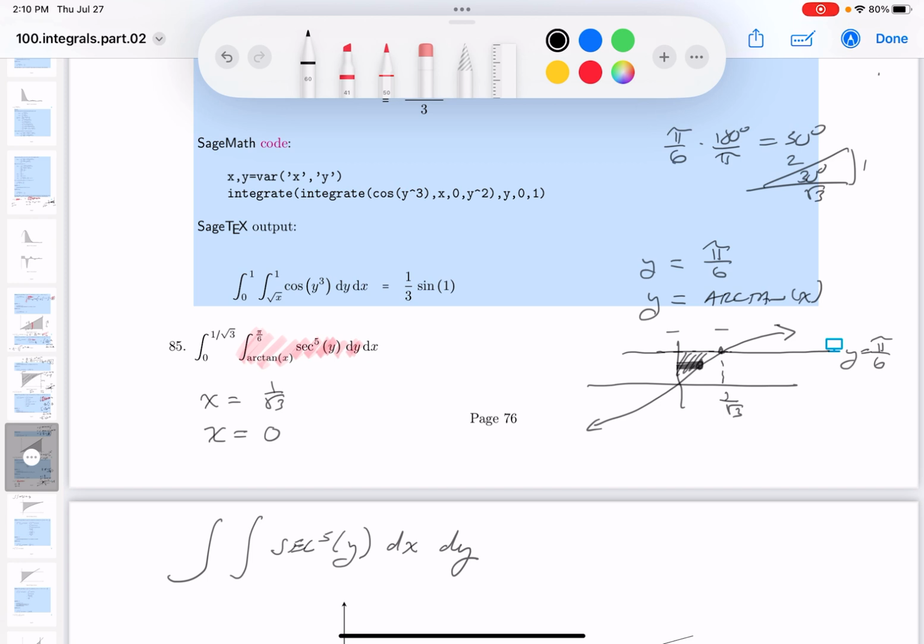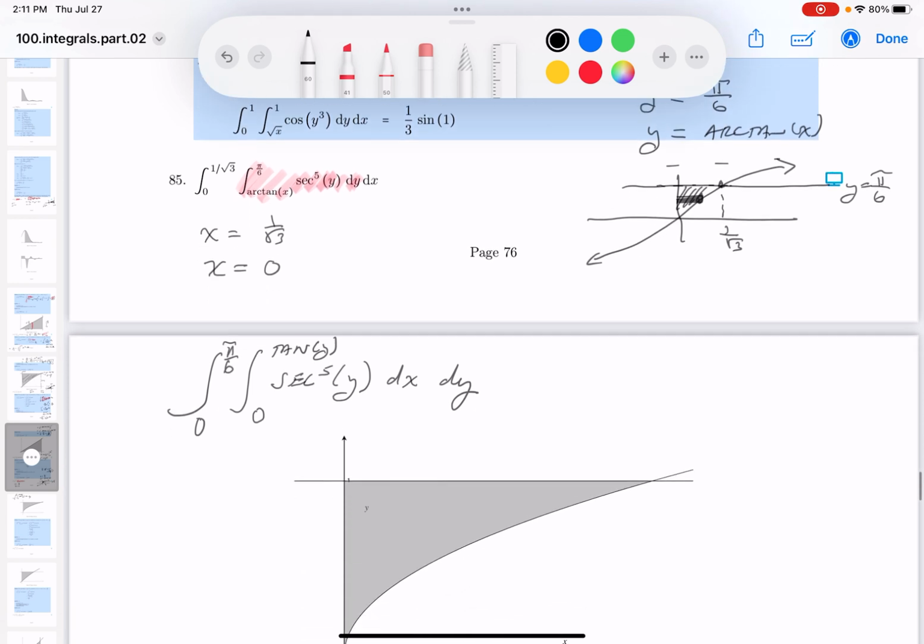Well, let's take a look at that. The x would be the tan of y. That's what the x is. And the lower limit would be 0. Let's do the y's now. y starts at 0 and goes up to pi over 6.